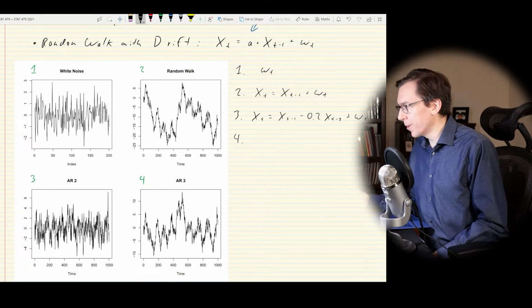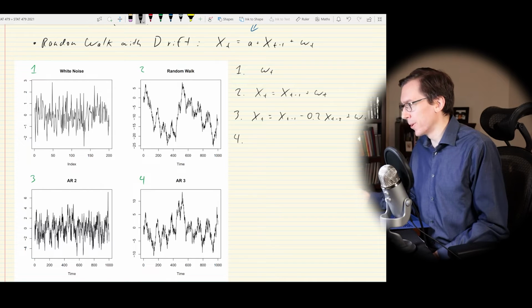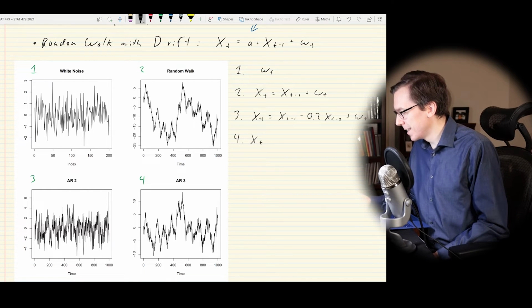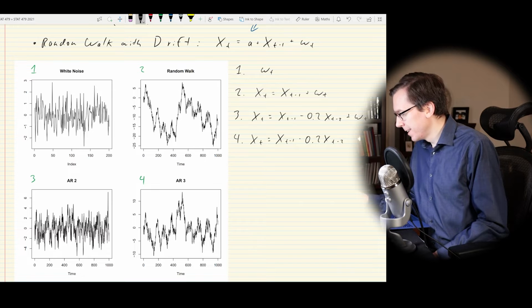And then for number 4, we actually have a third order autoregressive process. In this case, I think I just kept adding terms on. So we have the random walk bit, we have that second order bit. Then I added on a third order bit, 0.18 x_{t-3} plus w_t.